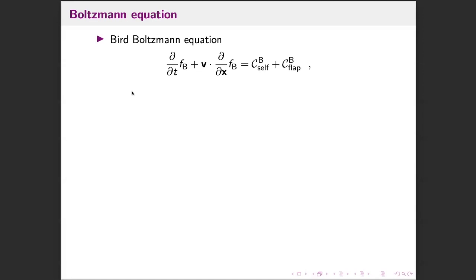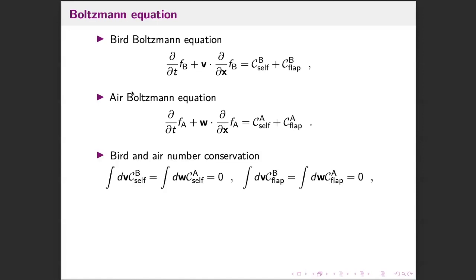So that's collision with air. And then the air Boltzmann equation is pretty much the same. And you have all these conservation relations for the collision integrals. You want to conserve the number of air particles, the number of bird particles. So you have all these conserved moments for the collision integrals.